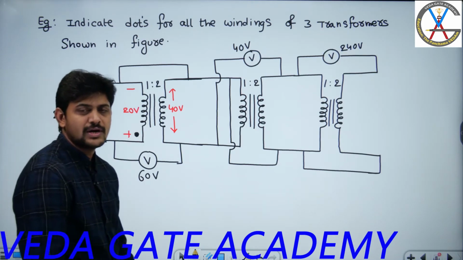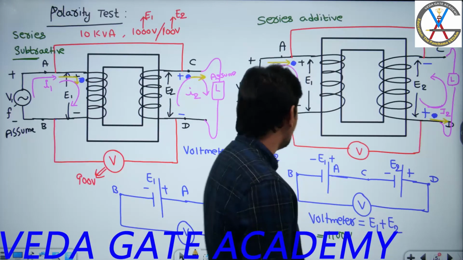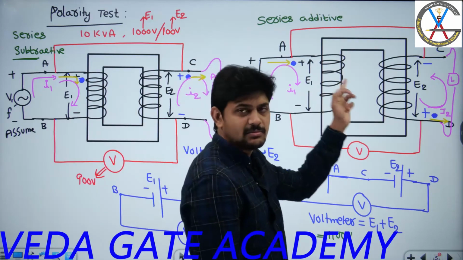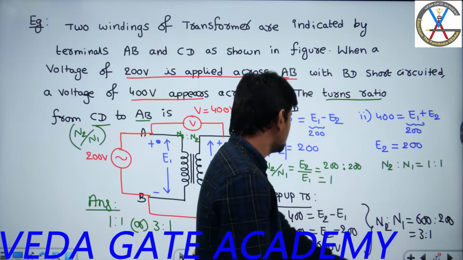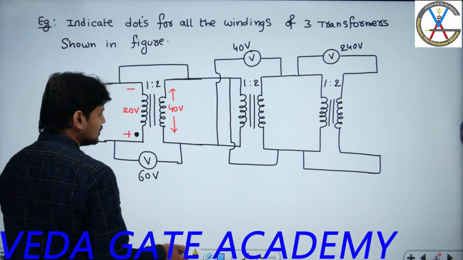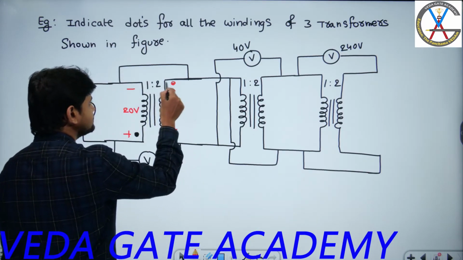Whenever two voltages are added, we already got a conclusion that I need to indicate the dotted terminals at opposite polarities, or opposite terminals. So if this is the dot, I need to keep the dot at this position.